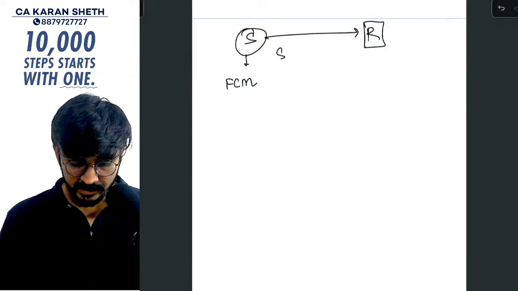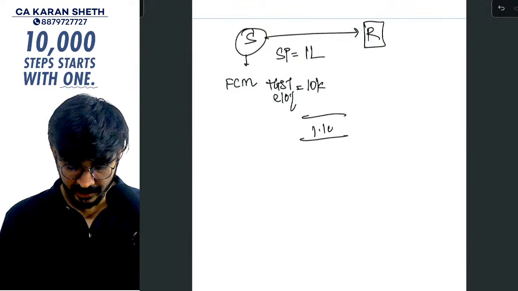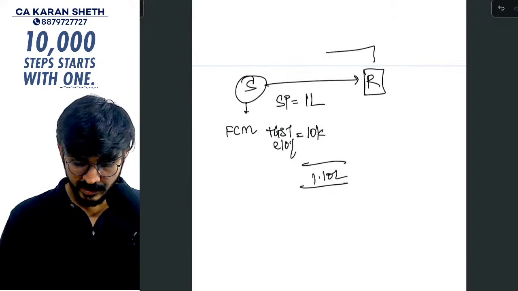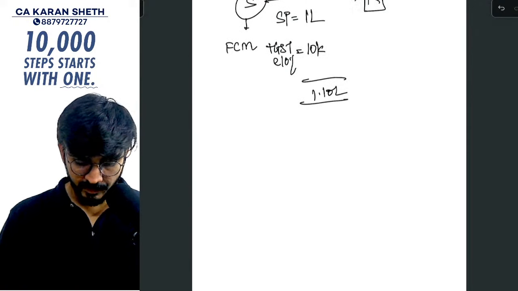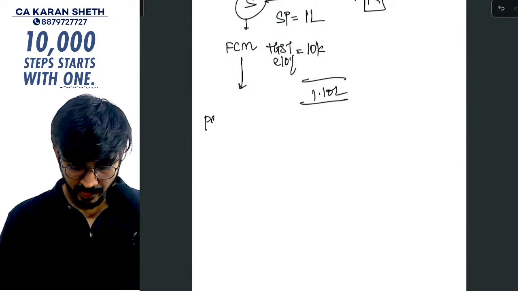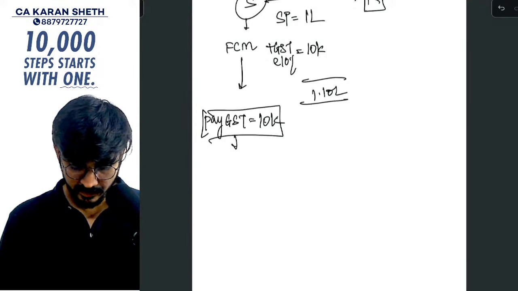Very simple. Selling price is, let's say for example 1 lakh. GST is at the rate, let's say 10%, 10,000. 1,10,000. Recipient will pay to the supplier 1,10,000 and supplier will pay GST 10,000 to government.